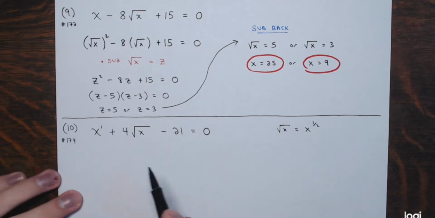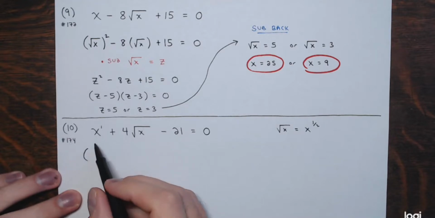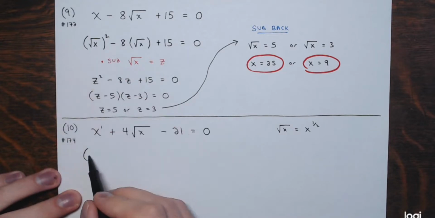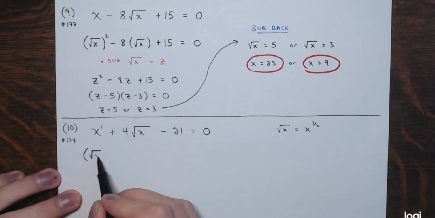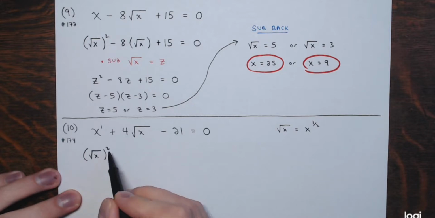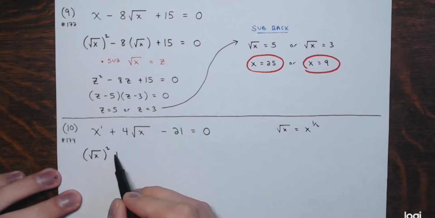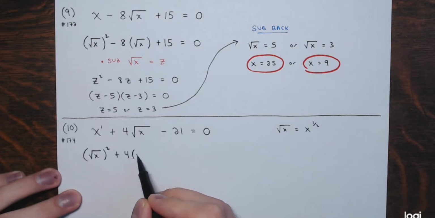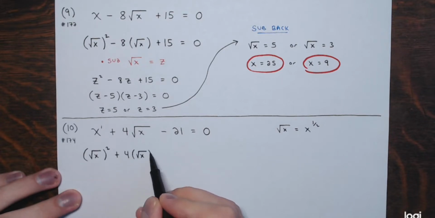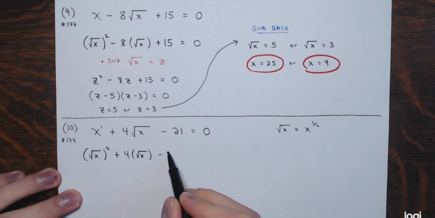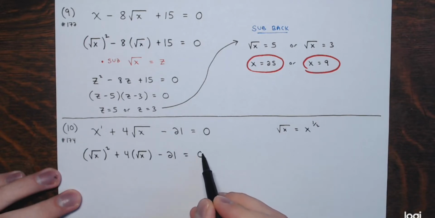So once again, I'm going to write this as I did in number 9. X to the first is the same thing as the square root of x to the second, plus 4 times that same expression, the square root of x to the first, and then minus 21, equals 0.